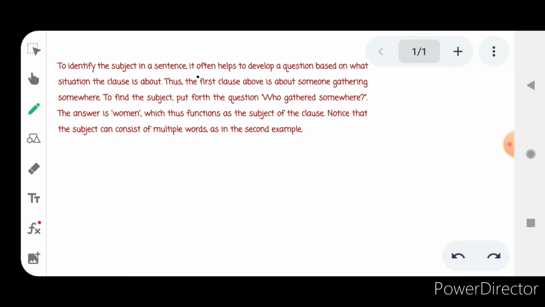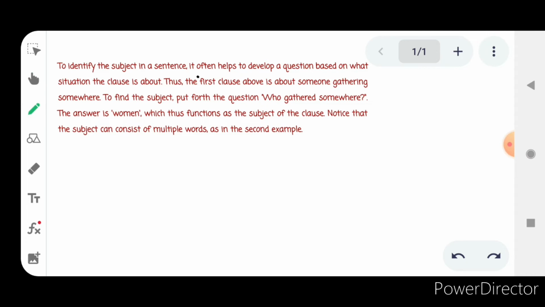Sometimes there is a difficulty in understanding what the subject of a sentence is. In that case, we have to ask one basic question, and whatever the answer to that question is, that is the subject of the sentence.